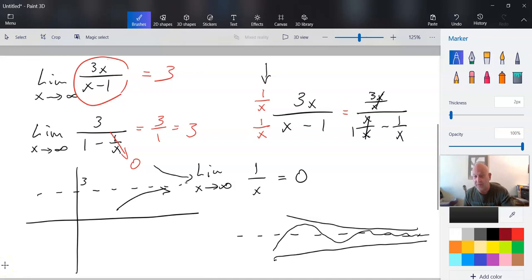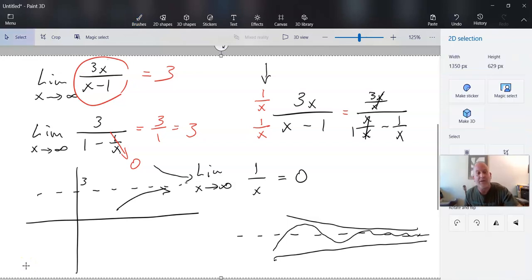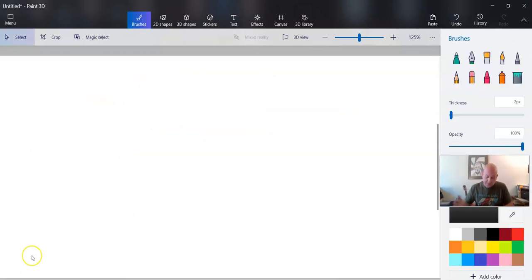Now, negative infinities are kind of interesting. So I want to look at the exact same function one more time. We've really diced this function out pretty good, haven't we? And we're going to look at the limit as x approaches negative infinity this time.